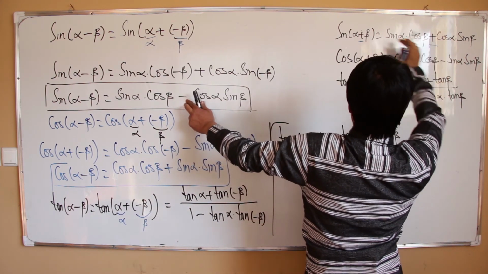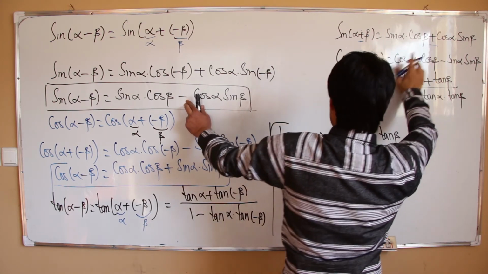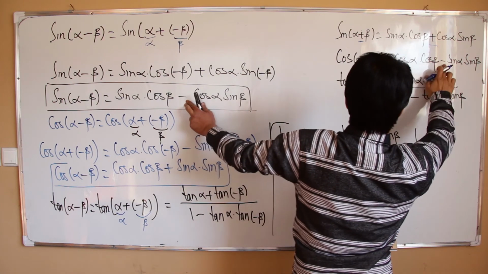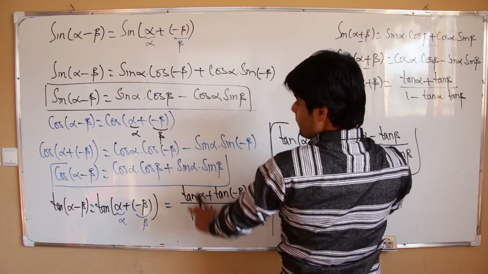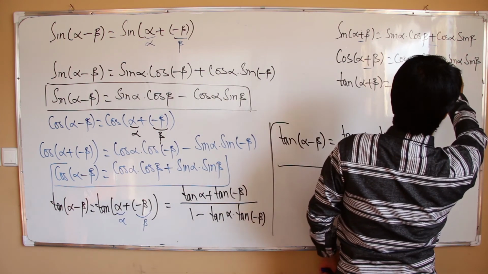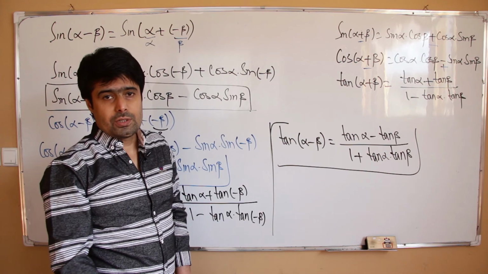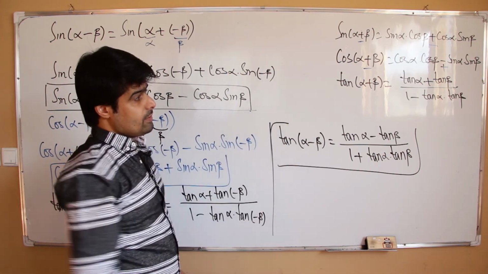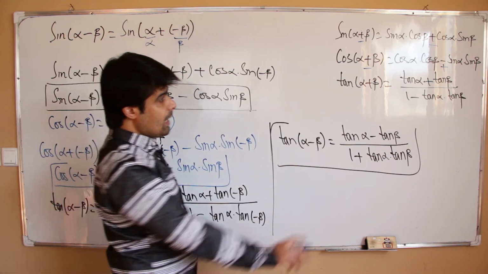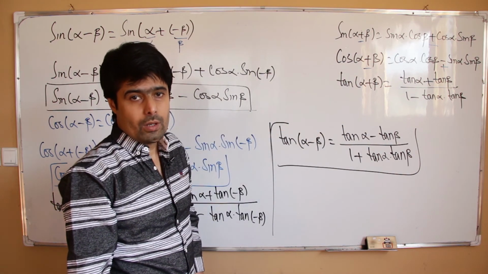For cosine, if the angle sign is positive, the expansion is negative. If the angles are negative, the expansions are positive.